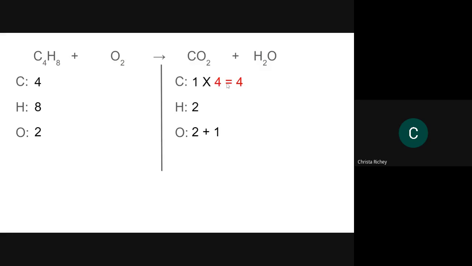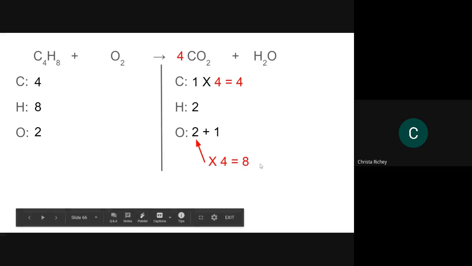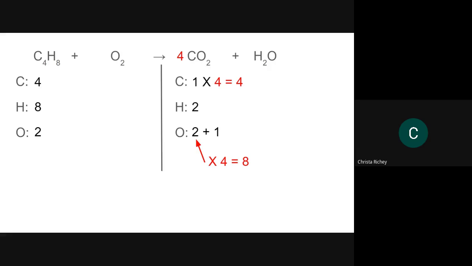This multiplication number, not the total, has to go in front of the compound that has carbon, which is the carbon dioxide. Now, this is what you guys forget to do as a whole. You have to distribute. It doesn't just multiply the carbon, it multiplies the 2 oxygen. So that's this one. 2 times 4 is 8. I'm still not going to add. Just like yesterday, once you change numbers, you start back over from the top.